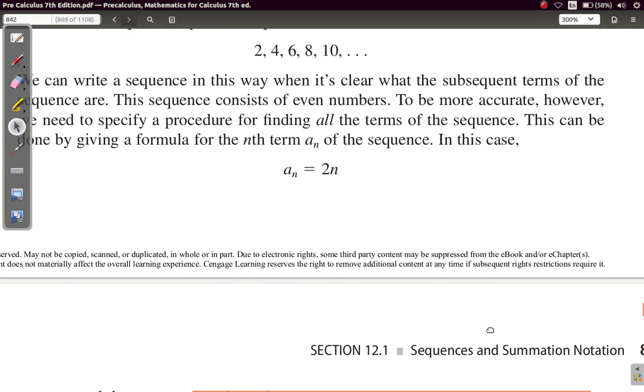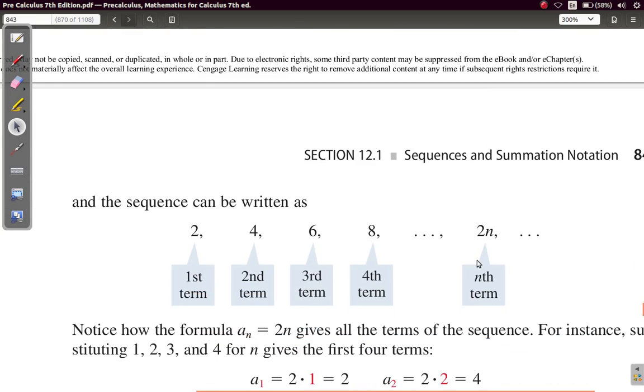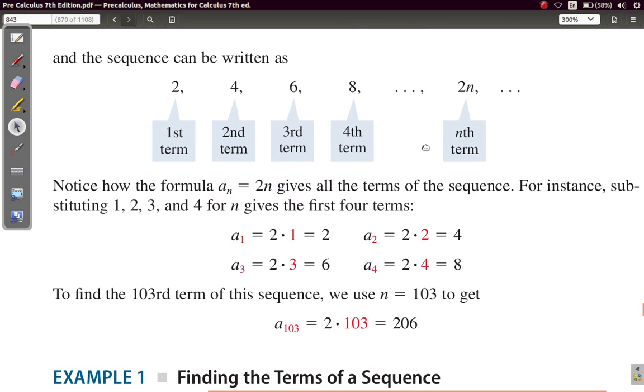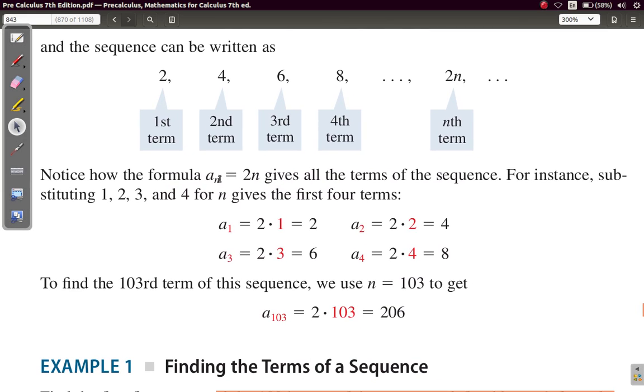So this is the sequence that we saw a while ago. Notice how the formula a_n equals 2n gives all the terms of the sequence. So a_1 is 2 times 1, that's what we did a while ago. It's 2 times the position. a_2 is 2 times 2. a_3 is 2 times 3. a_4 is 2 times 4. So you have 2, 4, 6, 8.